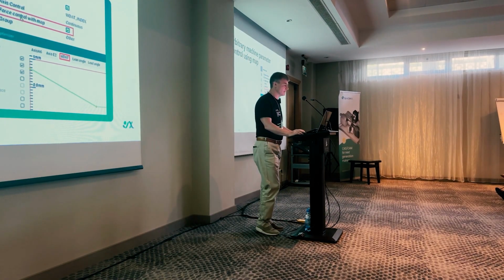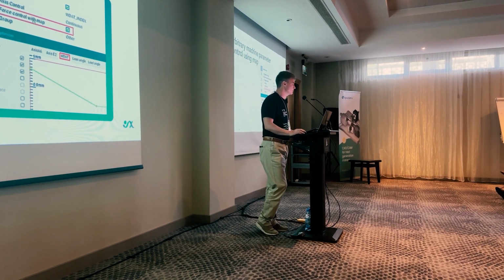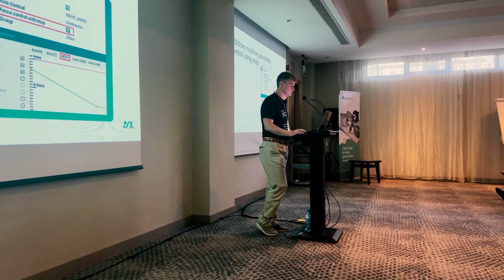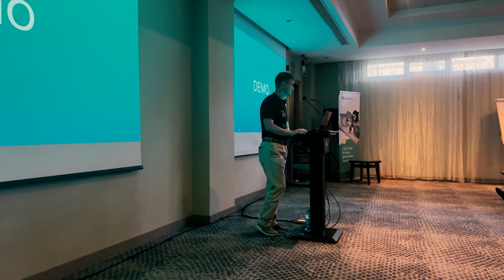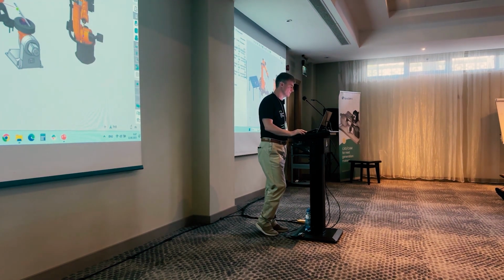What is it? We added special parameters in the machine schema that can be added to the axis, and if this parameter is enabled, then we can control it. Let me demonstrate it.